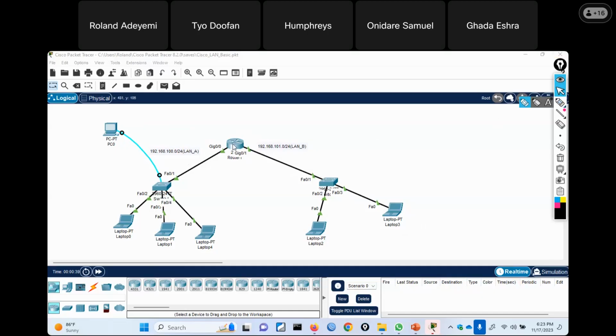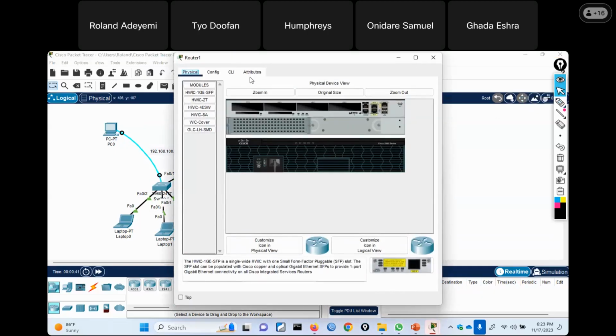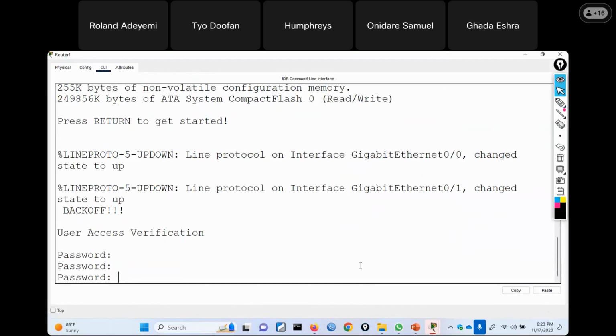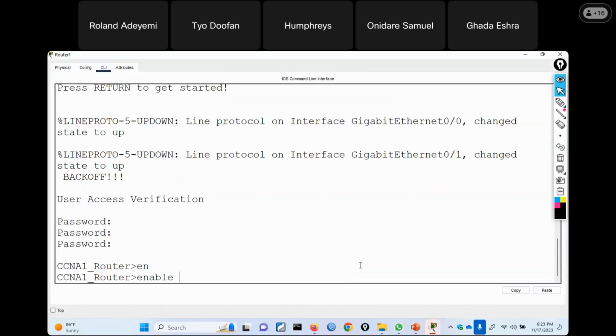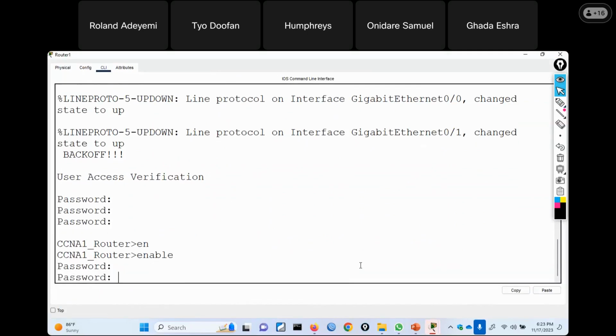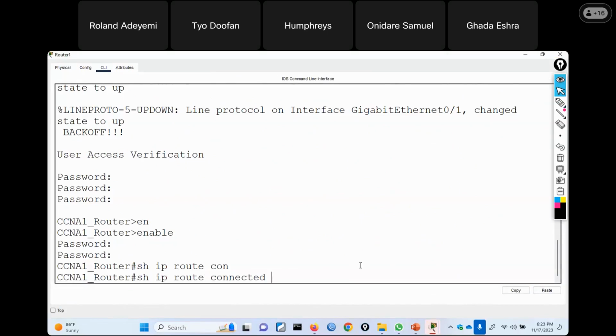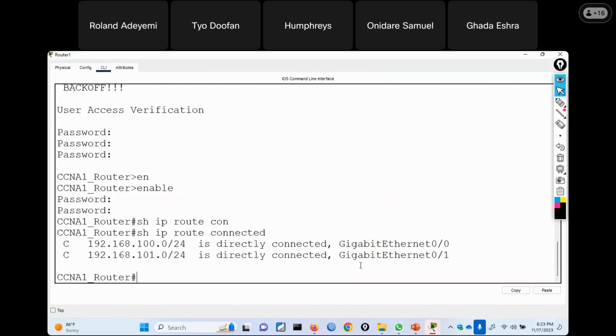If I go to the router right now and check the routing table of this router, you're going to see that the only two networks that this router can talk to are the networks that are directly connected. Show IP route. Don't ever forget that command. Or let me say show IP route connected. I want to see the directly connected networks. You can see that this router is directly connected to 192.168.100.0/24.